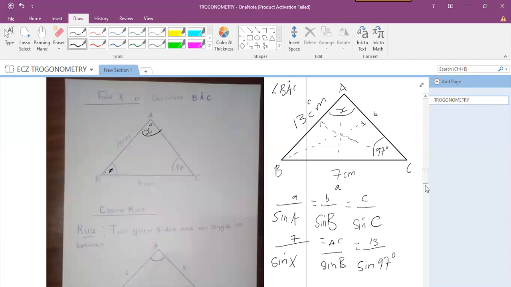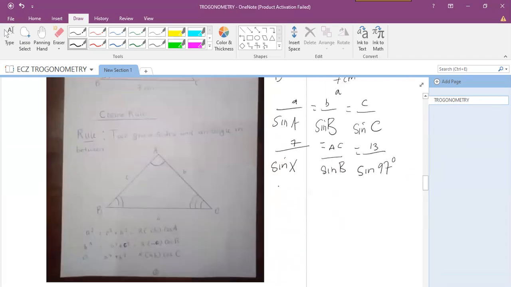Okay, so from here, because everything is equal, I can use this one and this one to find the answer so that I can just cross multiply. This one is not serving any function, so I'm going to ignore this one.